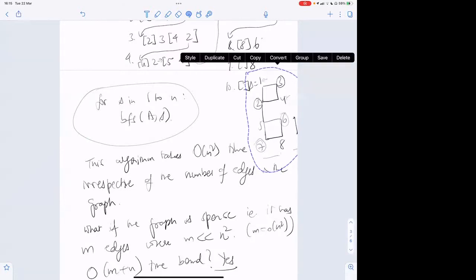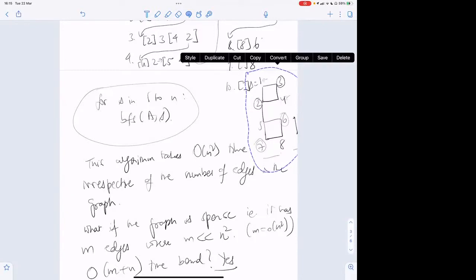So now what is the complexity of this algorithm? Suppose you do it with adjacency list. What is the complexity of this? Tell me. O of n times m plus n.